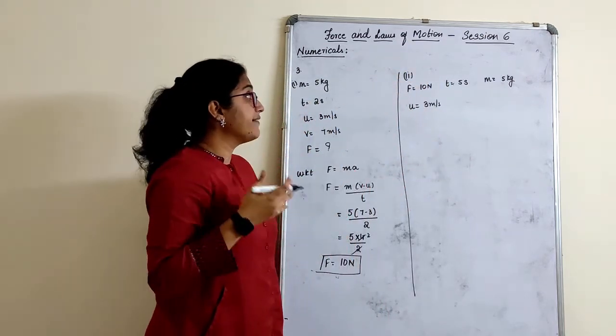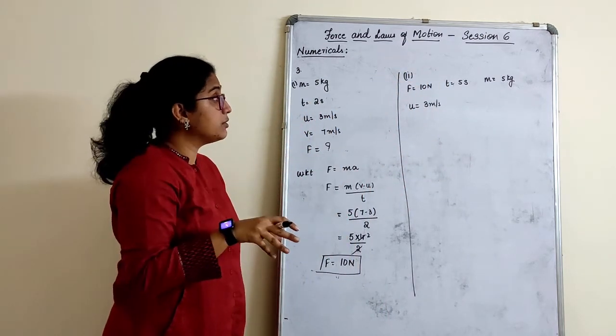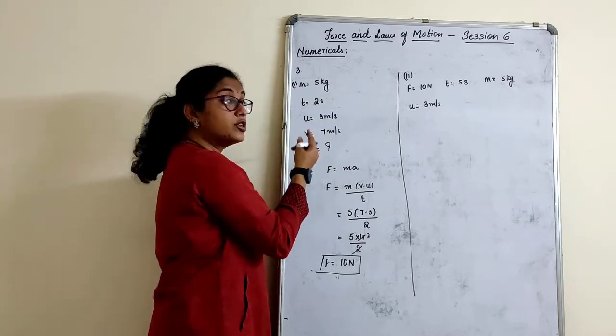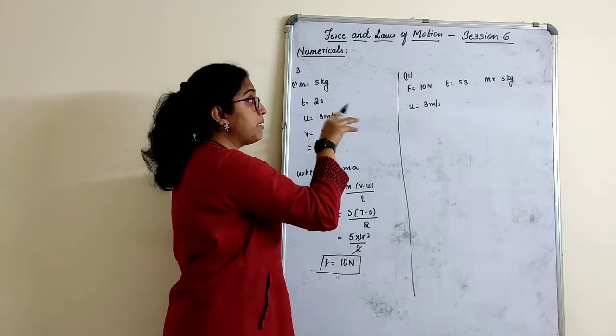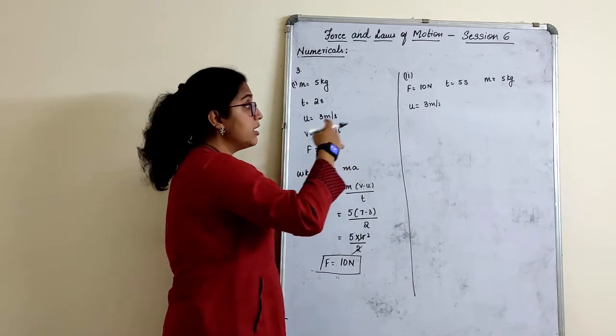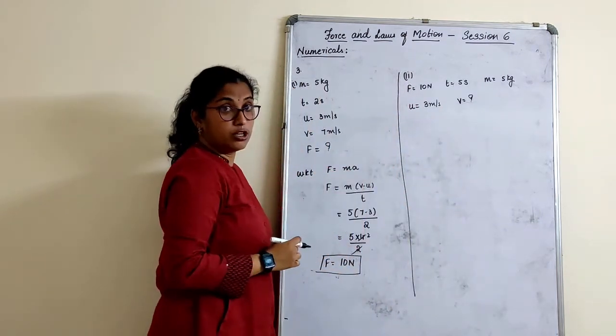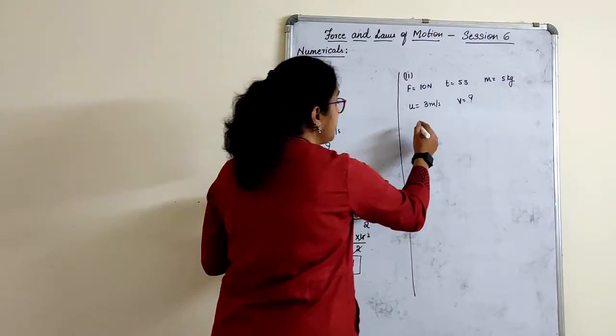On this, I will apply the force of 10 Newton for 5 seconds. Here it was 2 seconds. What force we found out? That means if I apply the force for 5 seconds, what will be the final velocity? I have to check. Got my point?